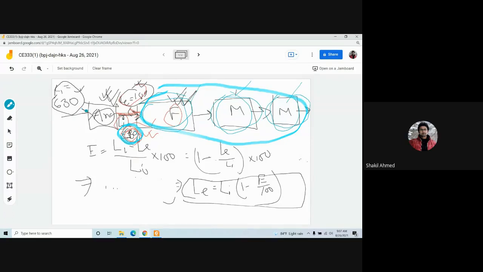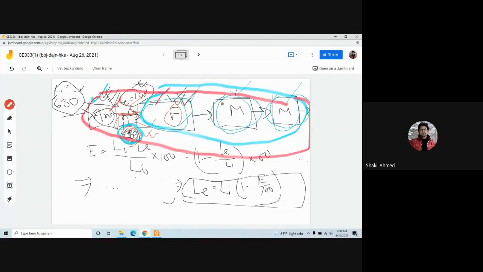Why? Because the coliform starts dying or being killed from here. So we will take this.